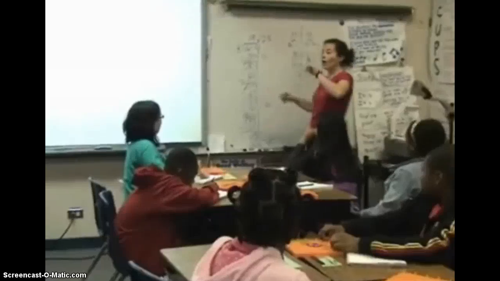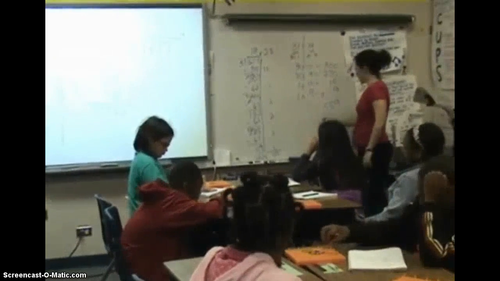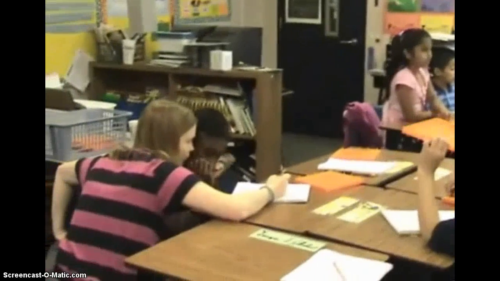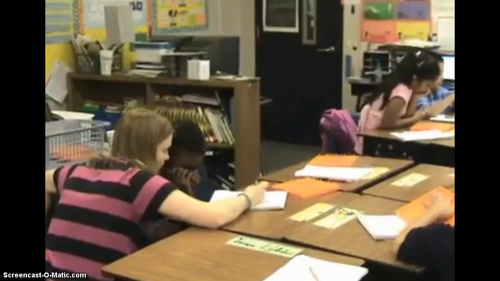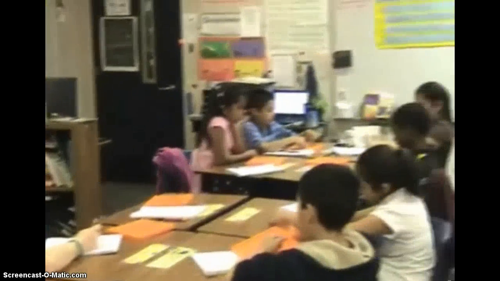I know add the remainder. Go add the remainder. Okay. Add the remainder plus 28. Now I want you to give a name to your partner's quadrilateral.